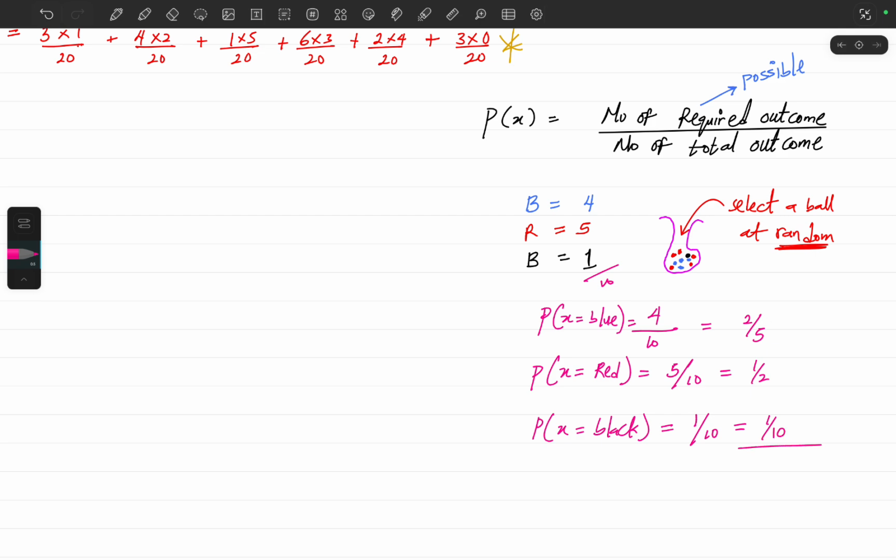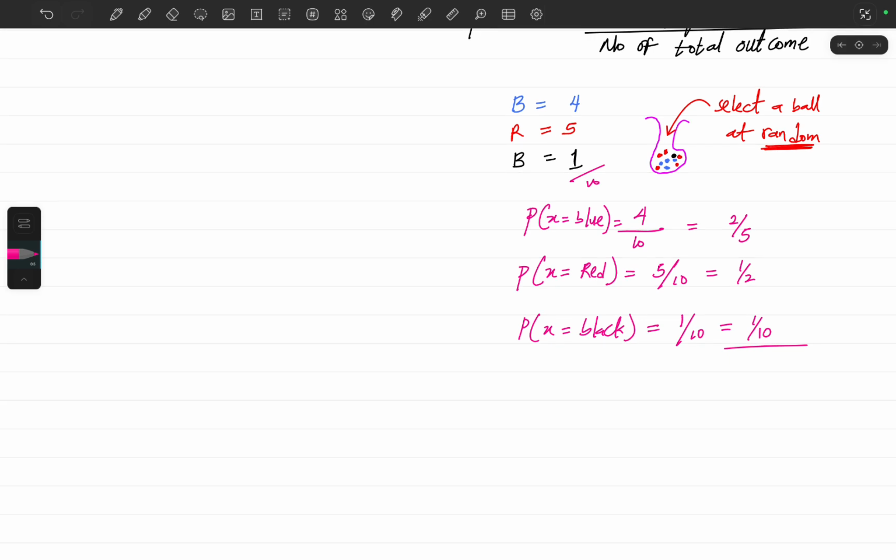Now, if you add up all of this probability that I've gotten here, 2 over 5 plus 1 over 2 plus 1 over 10, your end point is going to be 1.